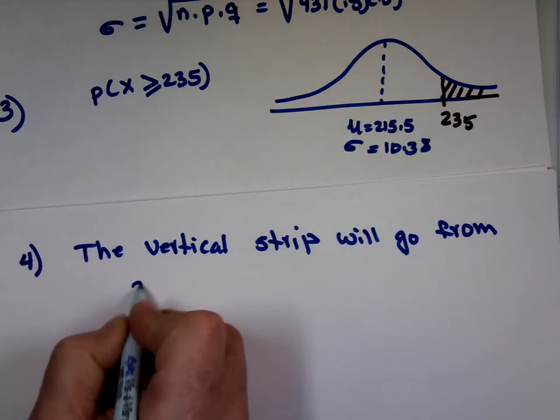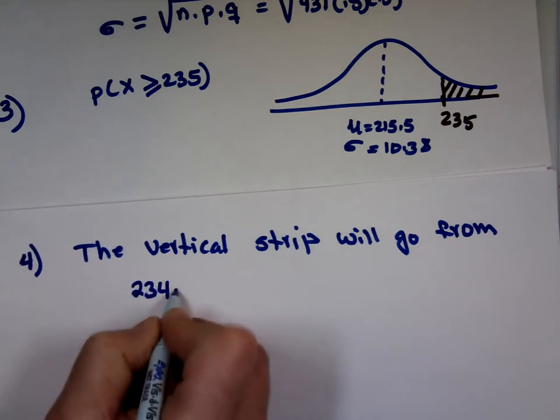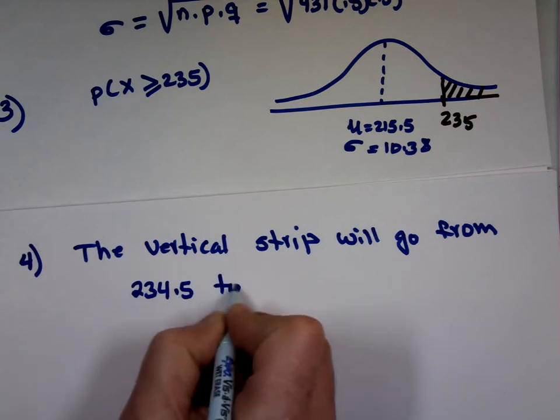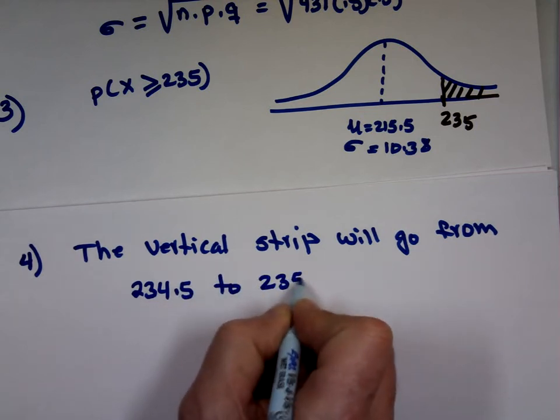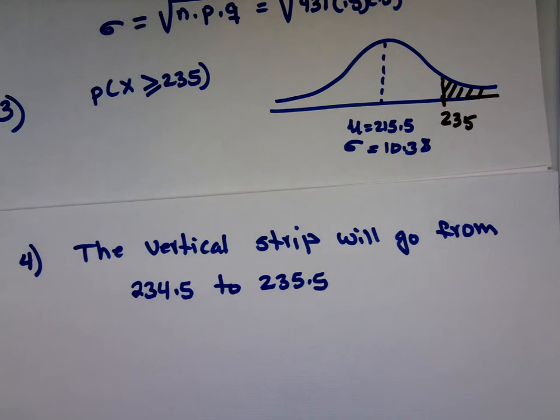Could it be 234.5 to 235.5? If you're graphing a histogram, the 235 starts at 234.5. These are the boundaries for each one: you subtract 0.5, and add 0.5.